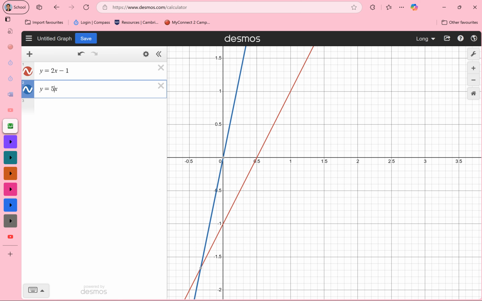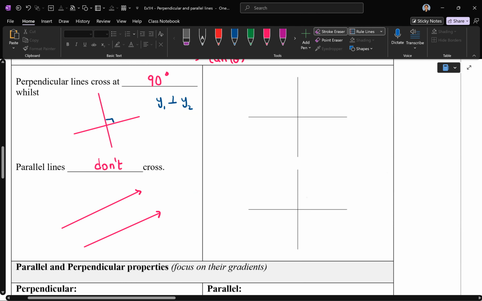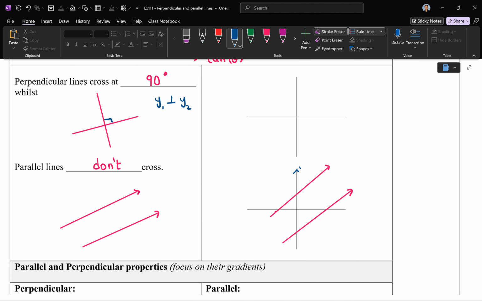So, let's have a look back at our notes. I want you to write in, when you draw out your two parallel lines on a graph, one of the properties that we know is the gradient. Let's call this y1. So that's the gradient of the first line, and then that's the y-intercept of the first line. y2 is the equation of the second line, the gradient of the second line, and then the y-intercept of the second line.